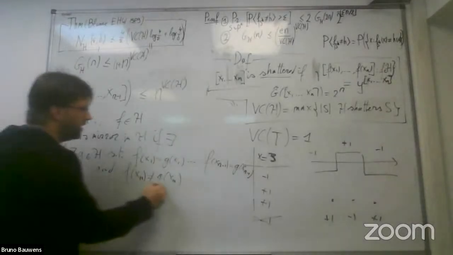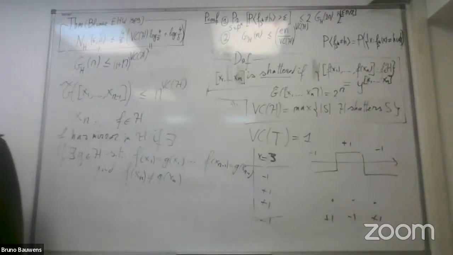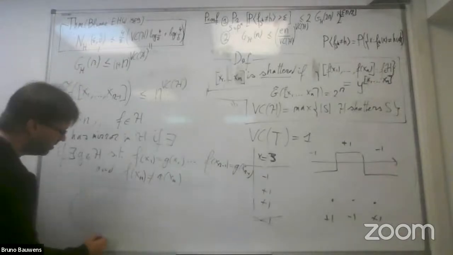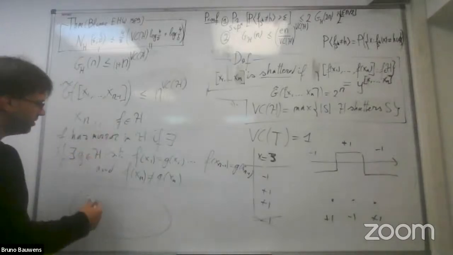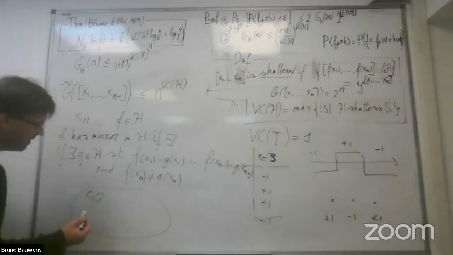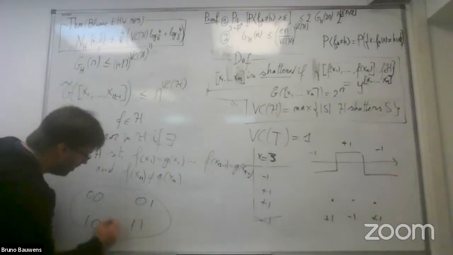Okay, now next step, let us now look at all dichotomies. So imagine that we have n equal to 3, so we have 2 points. There are a bunch of dichotomies, 1, 0, 1, 1.